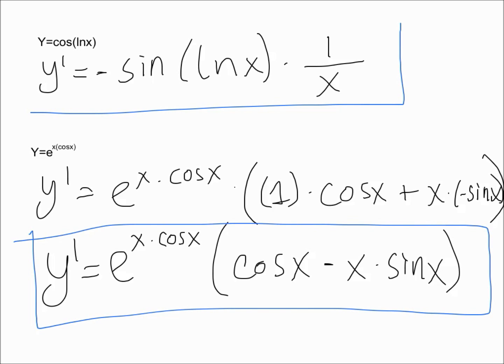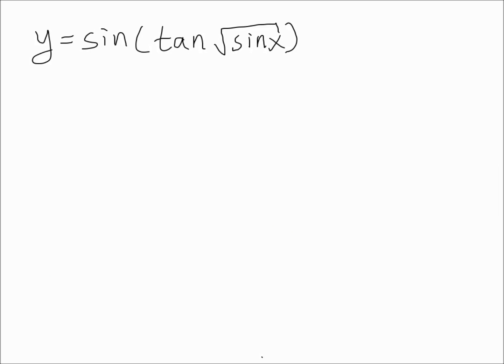And I'll do one more problem. This problem could be a little tough to solve, but just do it by steps and it should be fine. So first, let me change the color. The first step is just to consider this as sine of u.